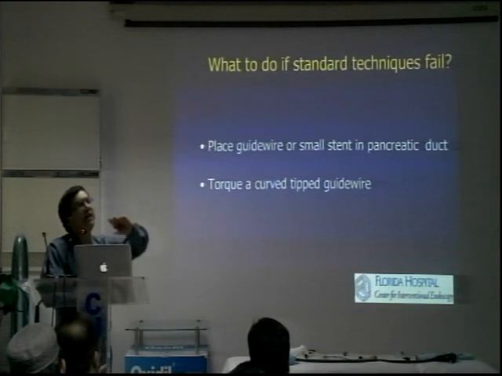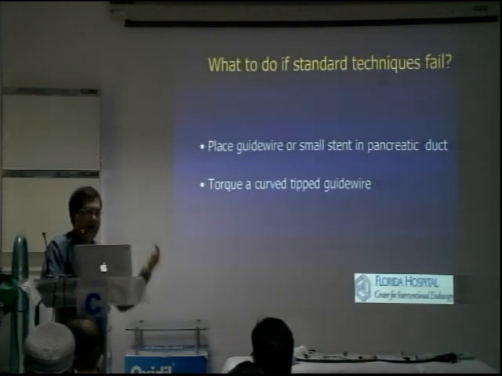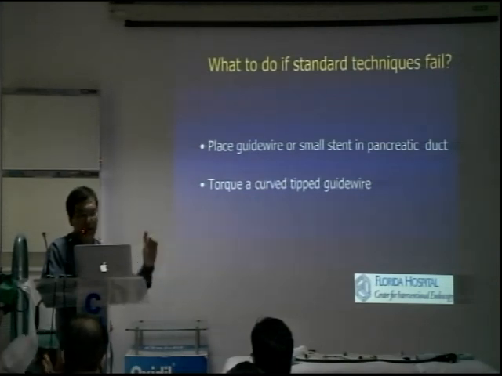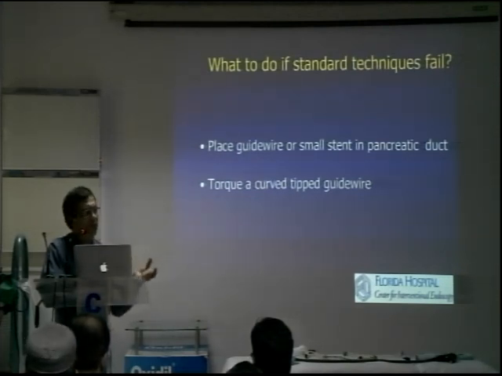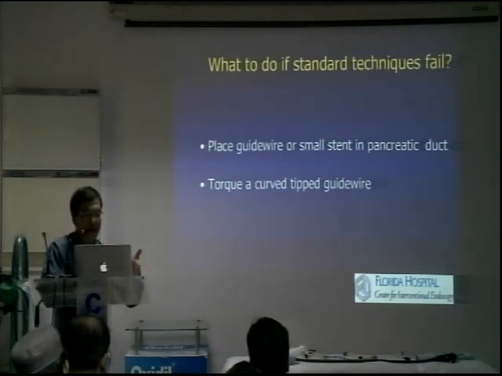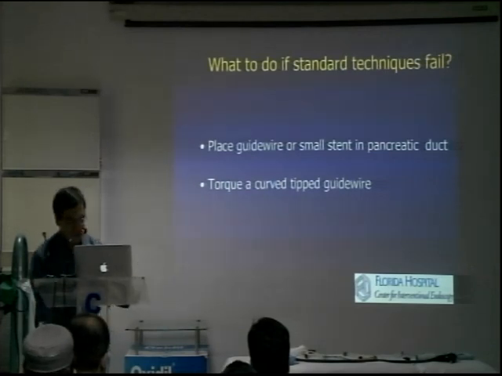It could be inverted as well. If you want to do PD work, and your wire keeps going into the bile duct, you can leave a wire there and use a second wire for the pancreatic duct. Either way, but mostly with the double wire technique, you keep going into the pancreatic duct, you put a wire there, and then use a second wire to go into the bile duct.